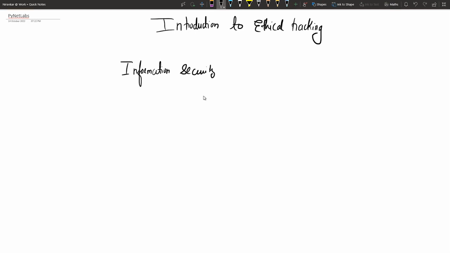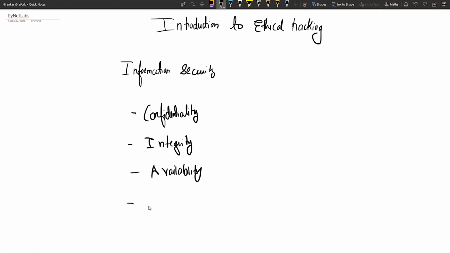Information security is the state of well-being of information and infrastructure in which the possibility of theft, tampering, and disruption of information and services is low. Information security has many elements: confidentiality, integrity, availability, authenticity, and non-repudiation.